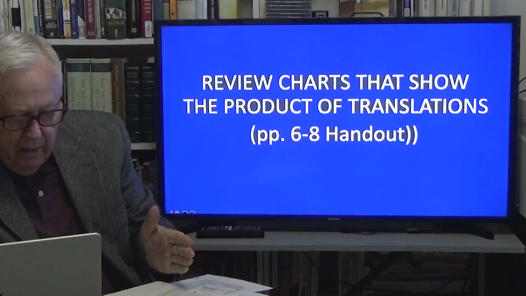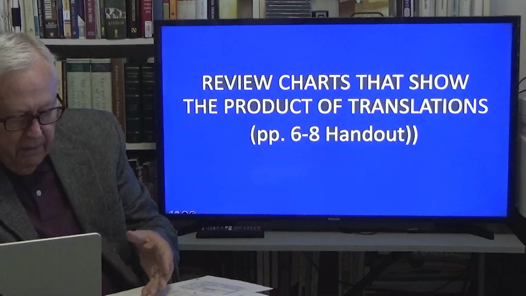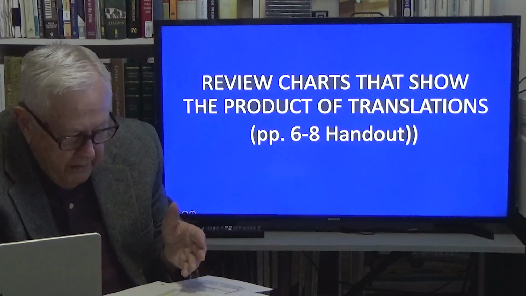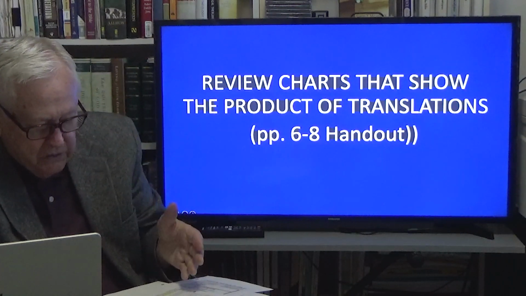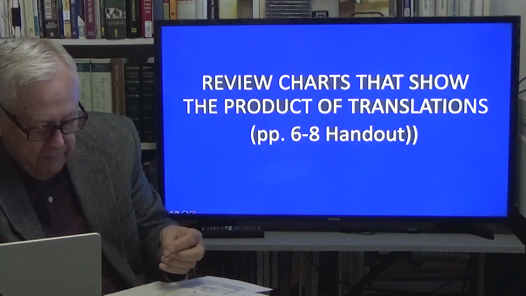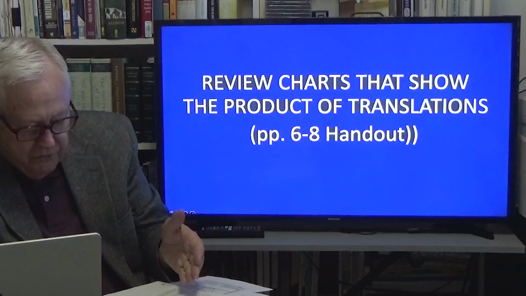The left-hand column, and I don't have these on a slide, these are in your notes, has the KJV, the ERV, English Revised Version, the ASV, the NASB, the Legacy Standard Bible off of the NASB, the RSV, where you got the NRSV and the ESV.